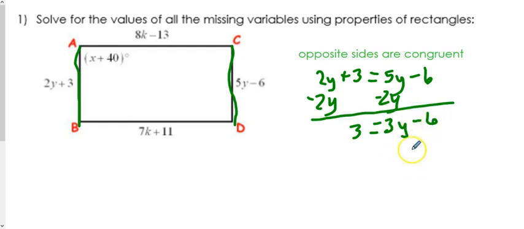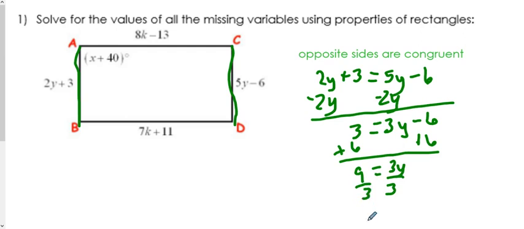And then I'm going to add 6 to both sides. And divide by 3. Now, if algebra is not our thing, remember, you can definitely type that into Desmos. So y is equal to 3. That's one of our variables we've found.